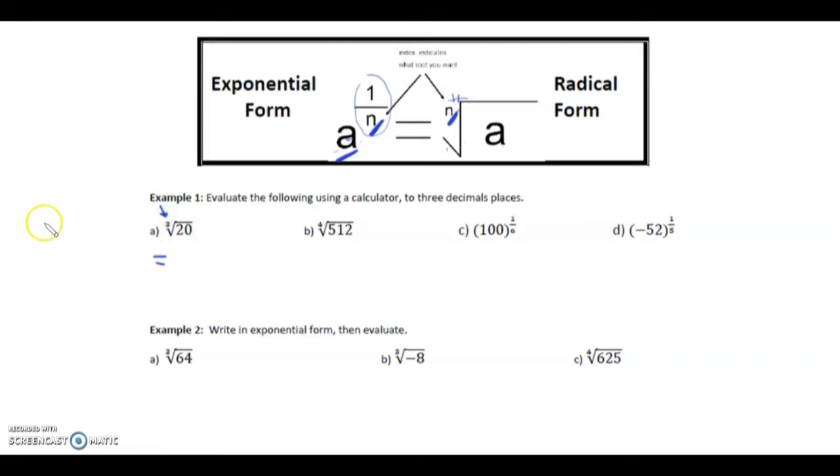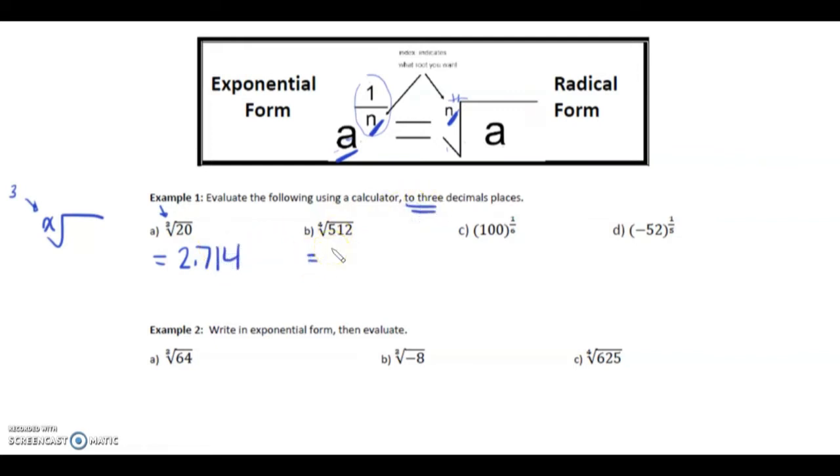Some of you may have something that looks like that, and then you have to program whether you want the 3rd or the 4th or the 6th root. When I do the cube root of 20, I get 2.714, to 3 decimal places.